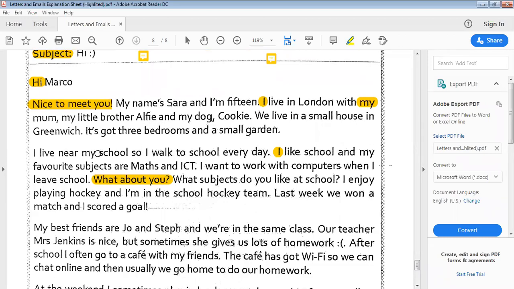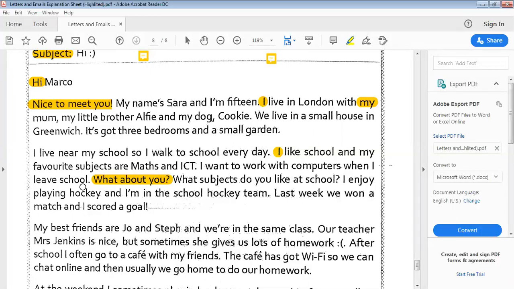In the second paragraph, I live near my school, so I walk to school every day. So here she's giving more details about herself. I like school, and my favorite subjects are math and ICT. ICT, this is like a computer. I want to work with computers when I leave school.